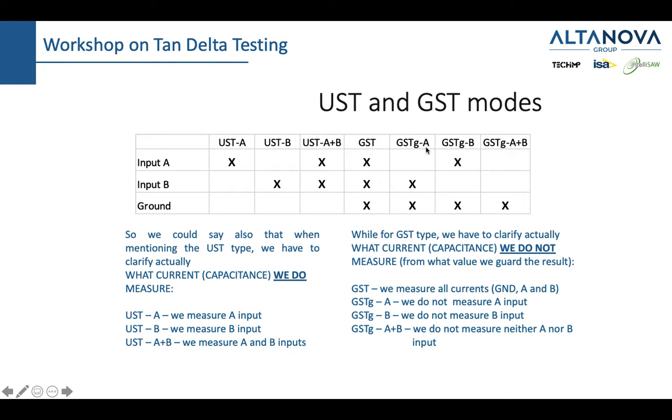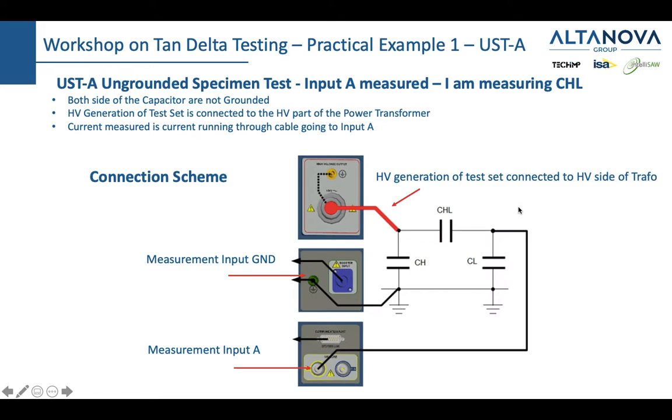Here we do not measure input A, we do not take it into consideration. In this penultimate case, we don't take into consideration current coming to input B, and here we don't take into consideration current coming to input A and B. We just measure current running through the ground.